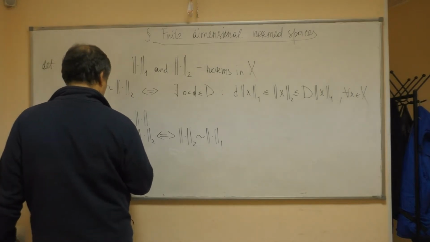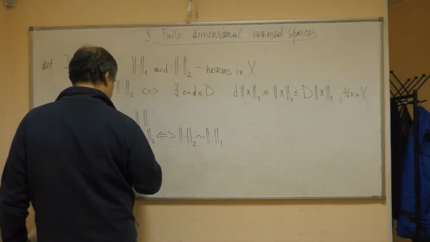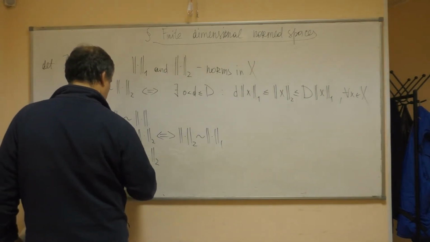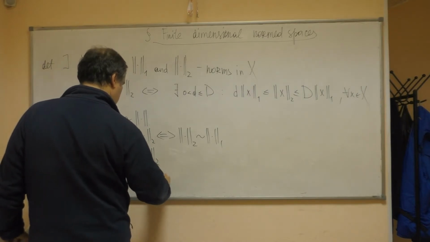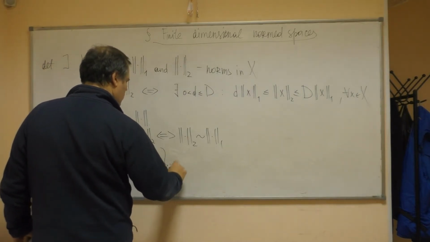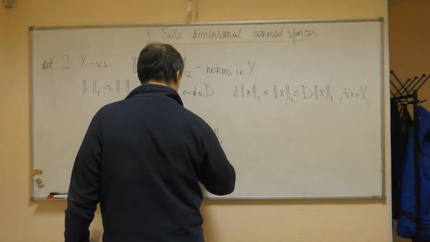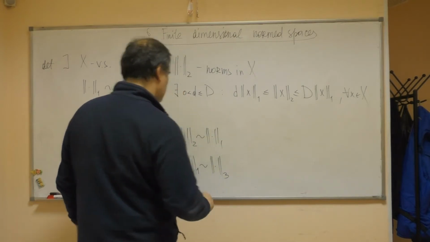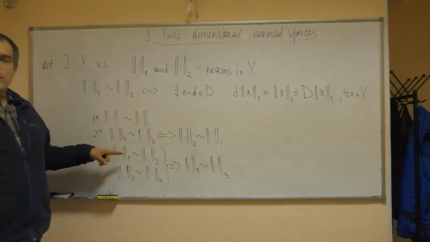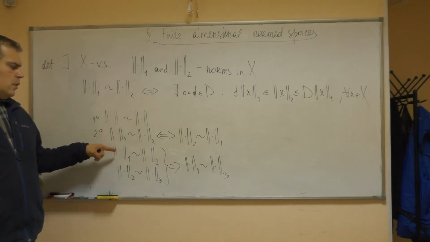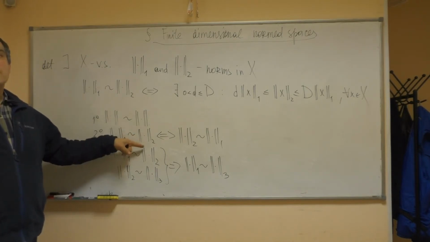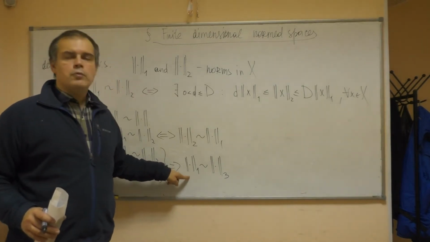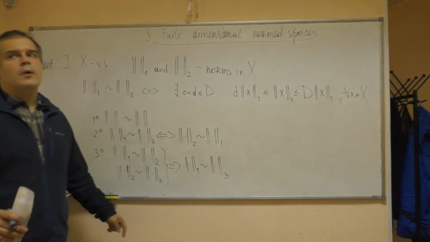And the last property. If the first norm is equivalent to the second and the second is equivalent to the third, then the first one is equivalent to the third one.